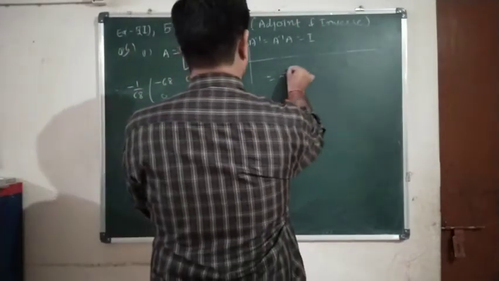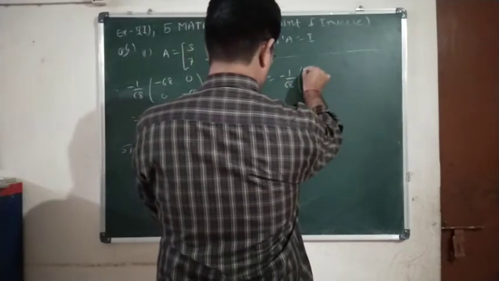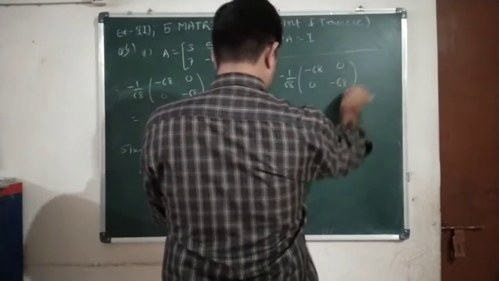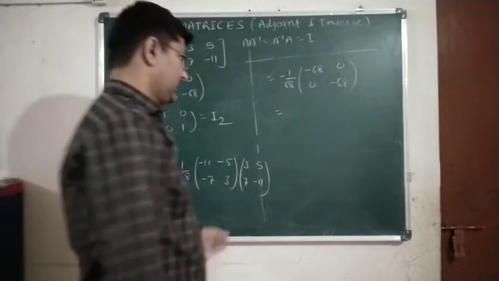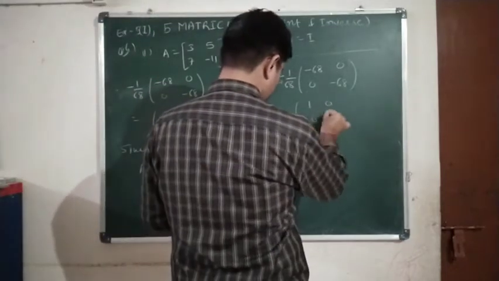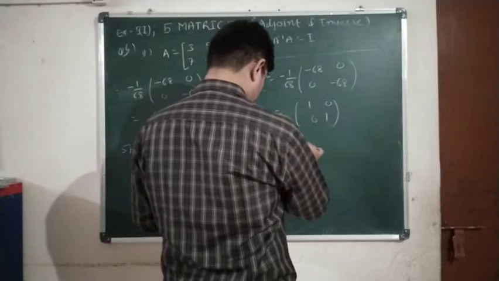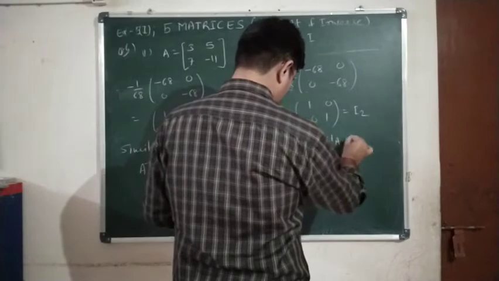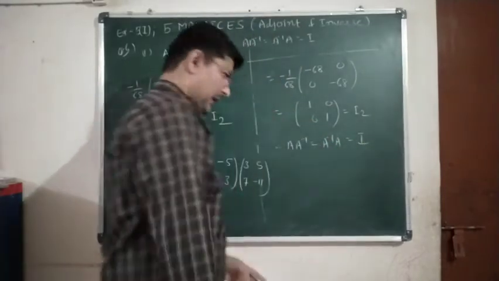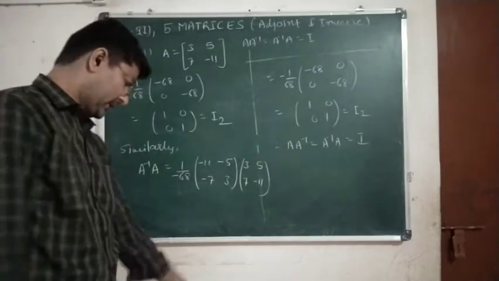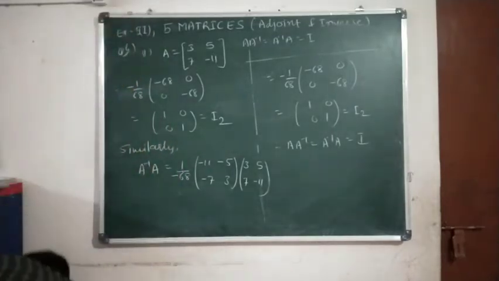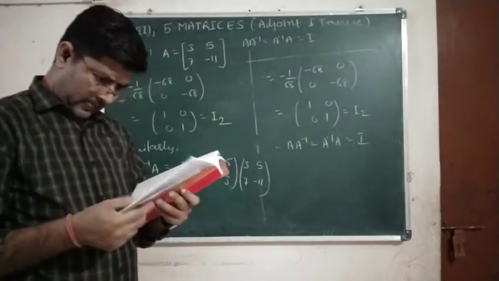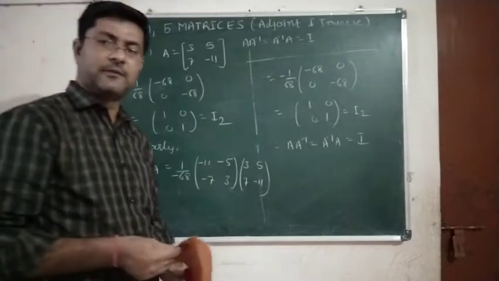Equals minus 1 upon 68 into minus 68, 0, 0, minus 68. Dividing by minus 68, we get 1, 0, 0, 1, and therefore we can write A into A inverse is equal to A inverse into A is equal to I. Clear? In this case I2, because we have obtained a second order matrix. Okay, so question number 6, first one is over. Now question number 6, second one.